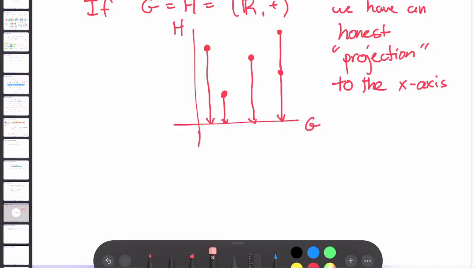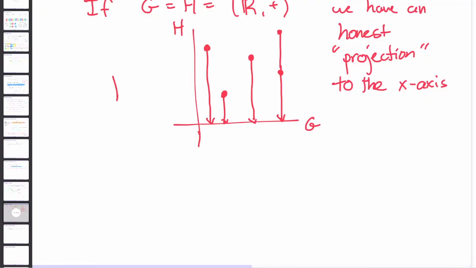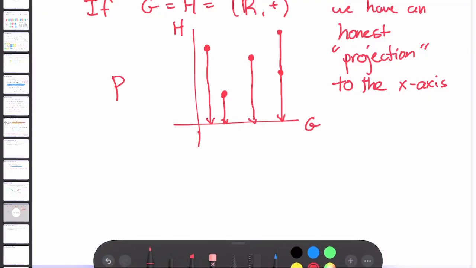So what I want to note here is that the projection map, let me call it projection. So this is the action of P, maybe I'll say P_G.